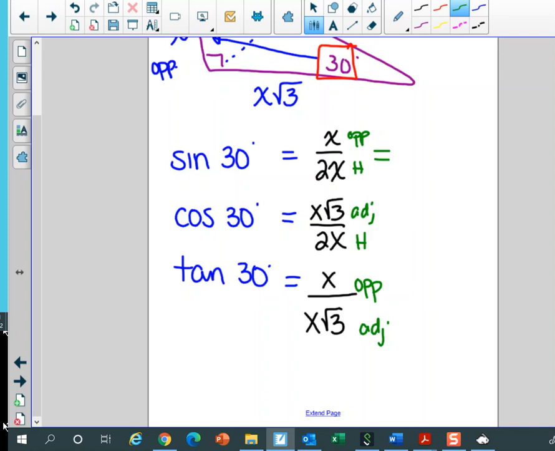So what happens to my sine of 30? What do I end up getting? x over 2x simplifies down to, if I divide the x's out, 1/2. And square root of 3 over 2. And this is our least favorite one, 1 over square root of 3, which I'm perfectly fine with you writing that way, but rationalized it would be root 3 over 3.